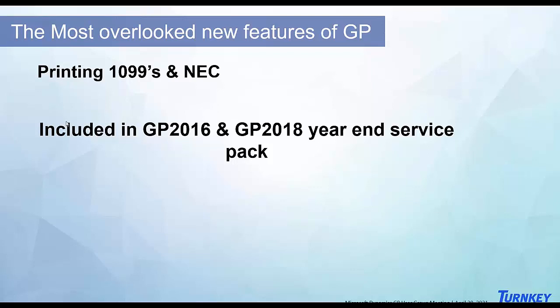They didn't get the year-end service pack in time. So, like Jason talked about earlier, if you're on 2016, especially this year, we need to talk about getting you guys updated to 2018 so that you can get in that modern life cycle and get updates on a regular basis going forward.